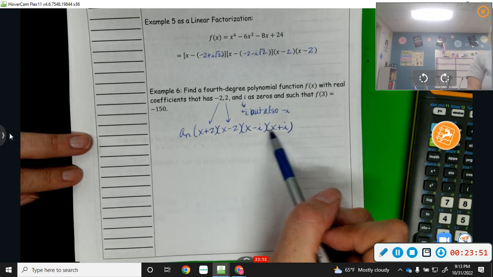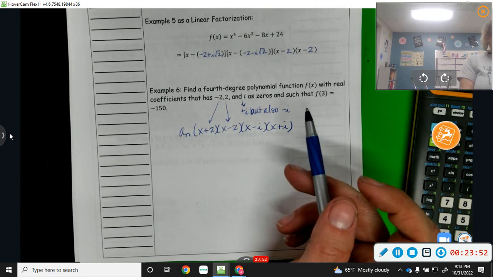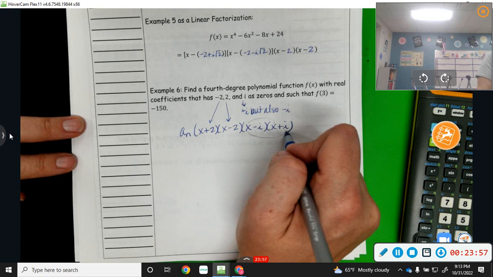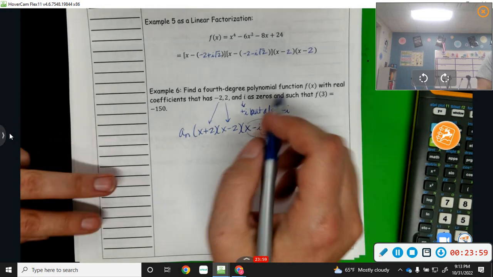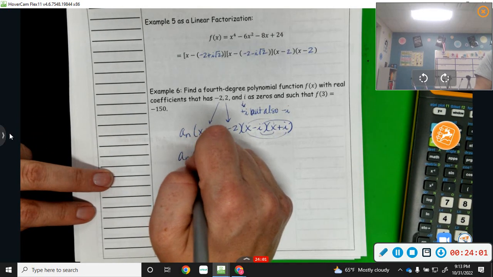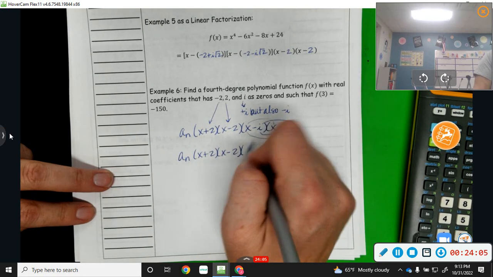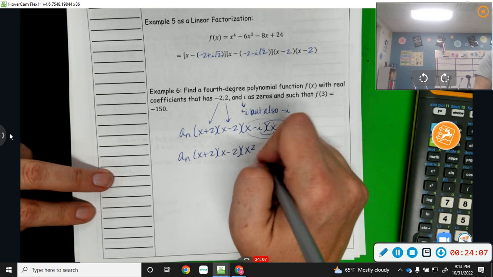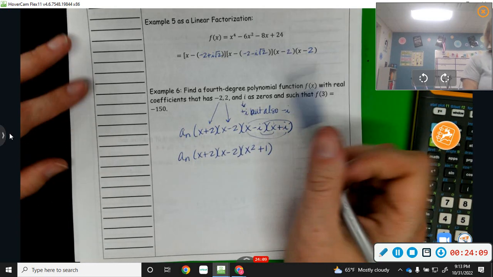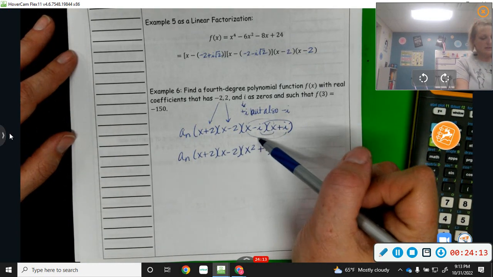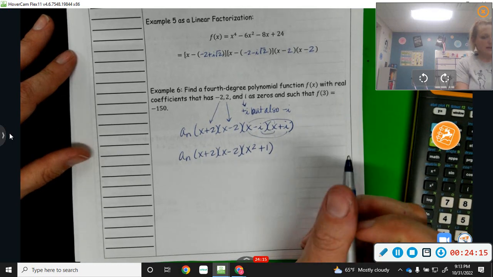But this one we know we can rewrite differently, okay? Because I know I can FOIL this. It's going to be x squared plus 1, because this is going to be x times x, which is x squared, and we have negative ix, positive ix, and then negative i squared.